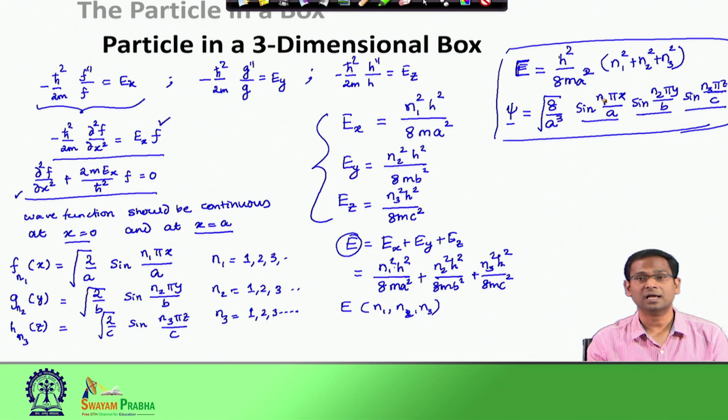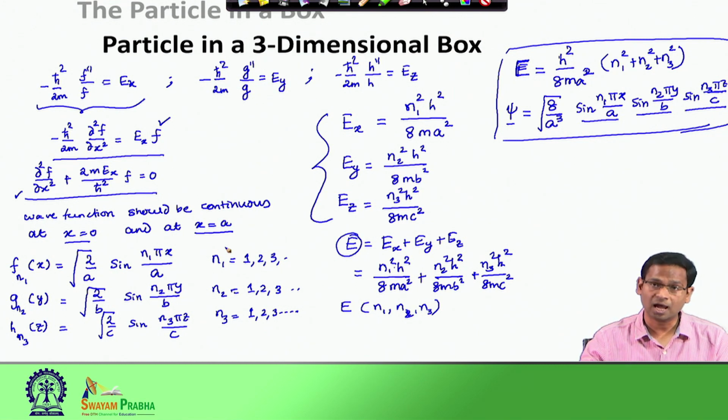So, this is a typical outcome when one uses separation of variables, where the final wave function becomes the product of wave functions in the individual dimensions, and the final eigenvalue becomes the sum of the eigenvalues in the individual dimensions. This is a general rule that you would actually encounter also in future.